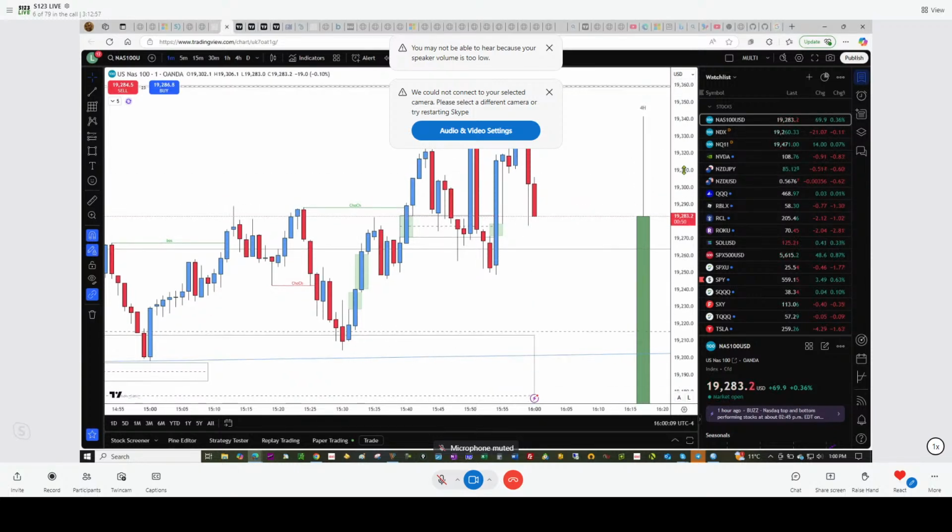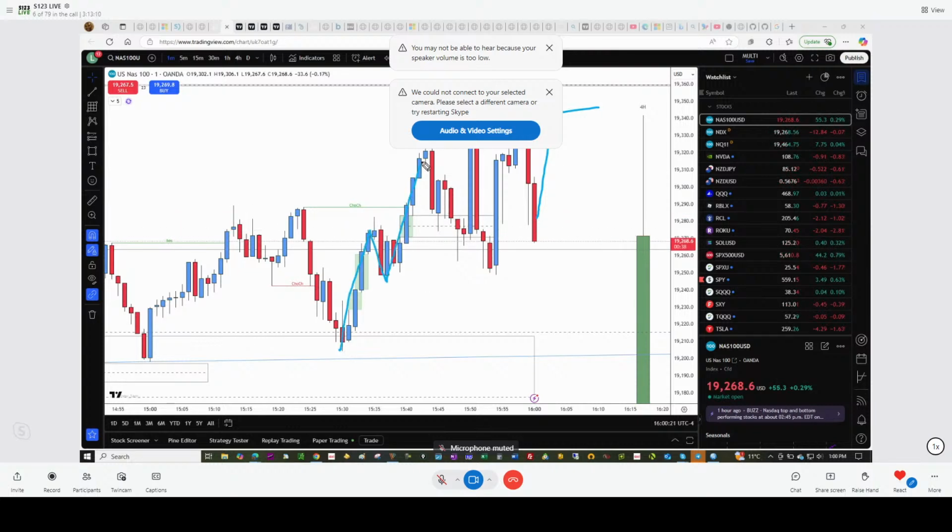How close did we come? We came very close to that high there. So I wouldn't expect them to go back up again and take this high, although it is definitely a possibility, right? Because they're playing games here. They've done this, so they're chopping it. You see? So we could go up one more time because they're chopping. They're very sneaky.